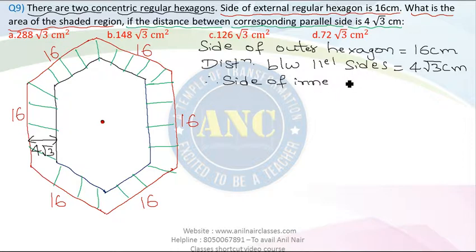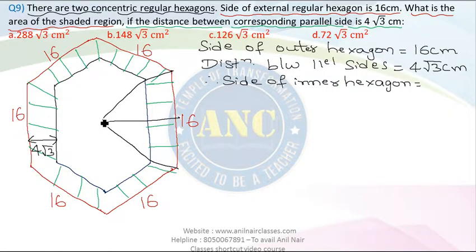Now see here, let us understand and then realize the side of the inner regular hexagon. Let us not write it directly. How to find it? Can I say that this is the center of both hexagons? So this particular entire value is 16. Out of that, suppose I draw lines like this, joining these 2 points also, right?